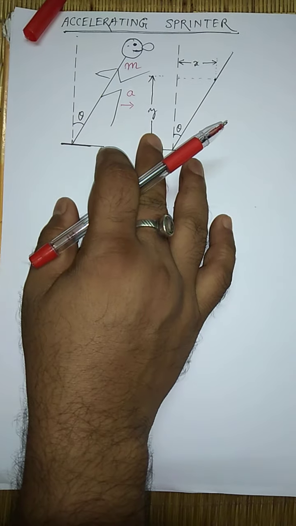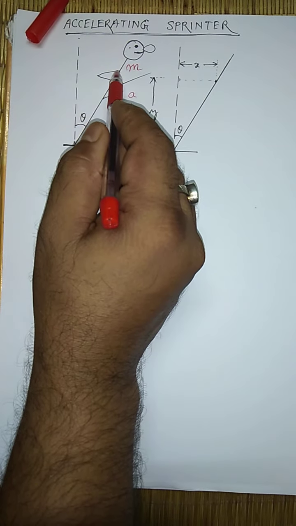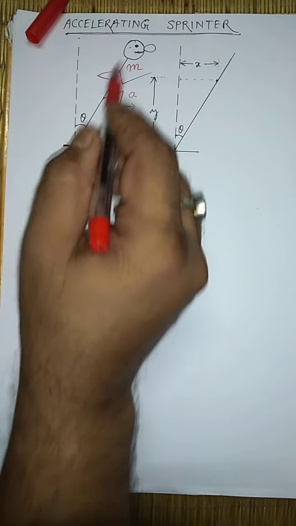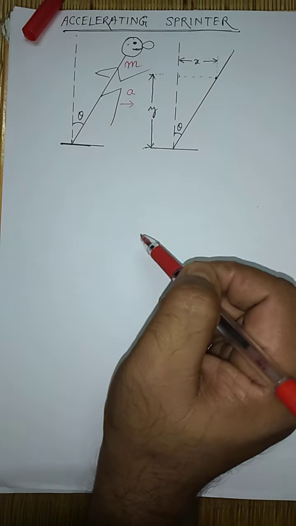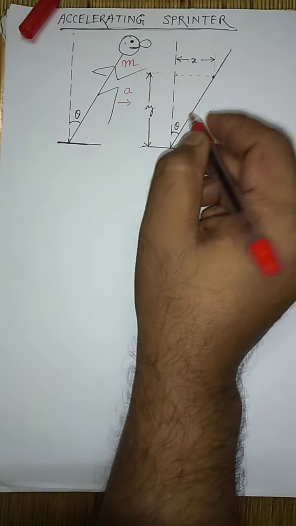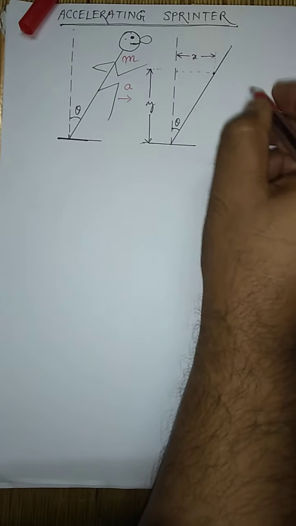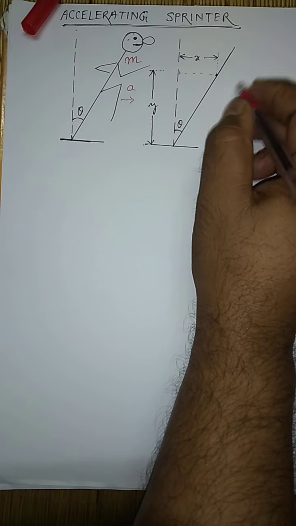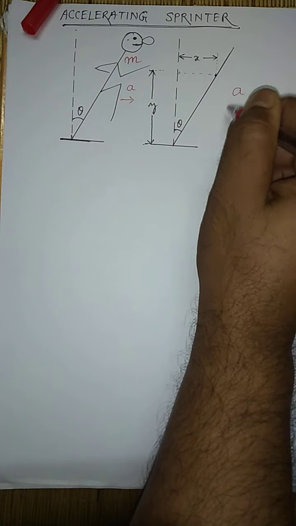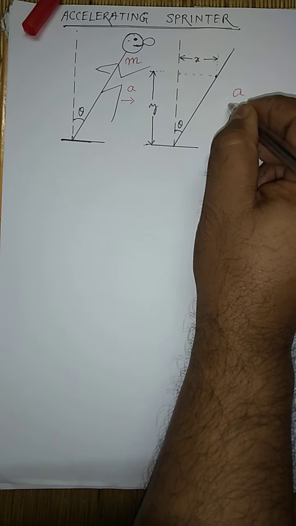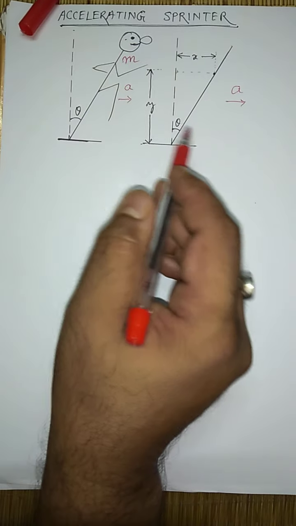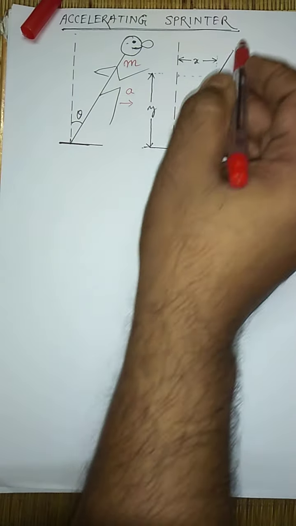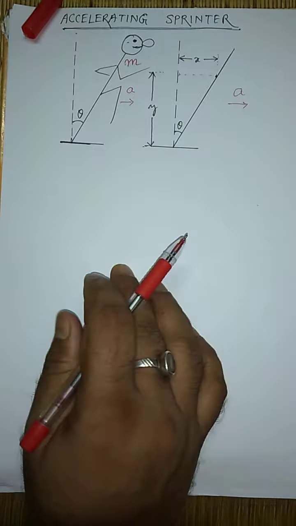For simplification, the hands, the head and the lifted leg of the sprinter have been removed and the structure has been redrawn. The sprinter has a horizontal acceleration a directed to the right. We are going to find an expression for the angle that the sprinter makes with the vertical.